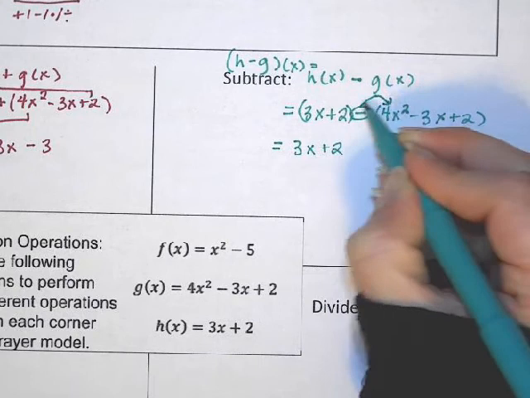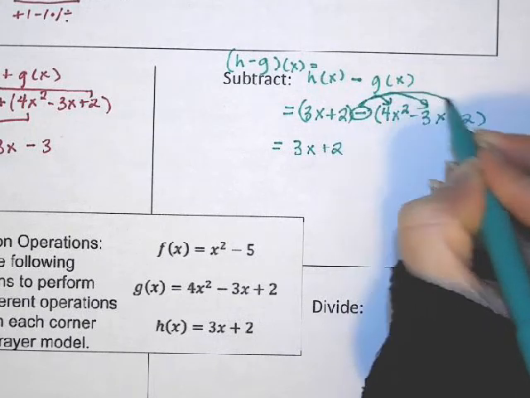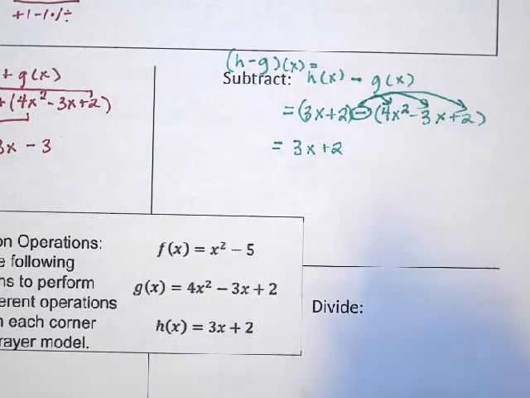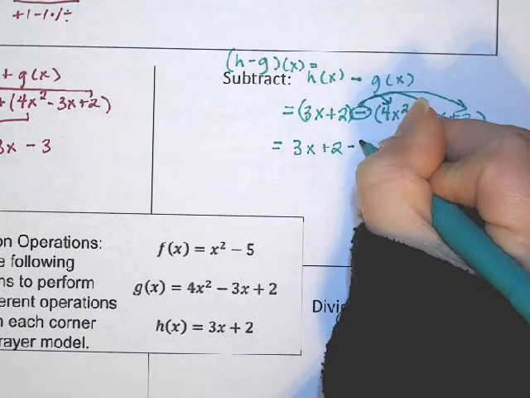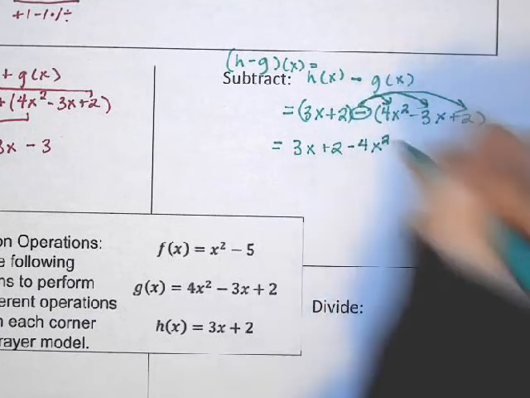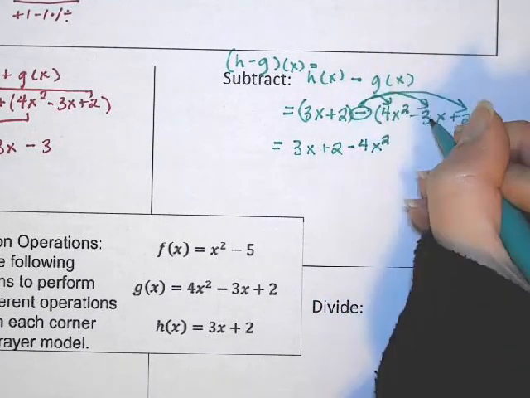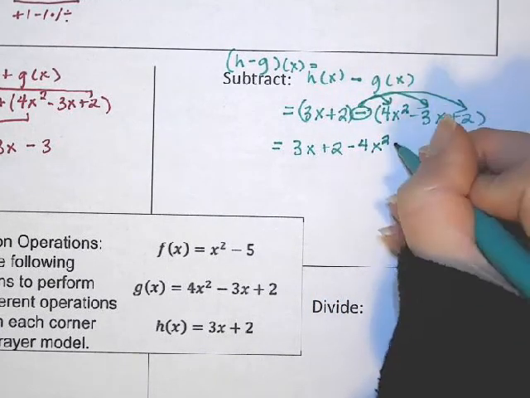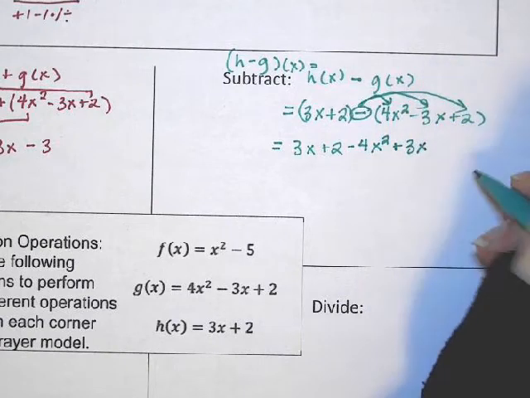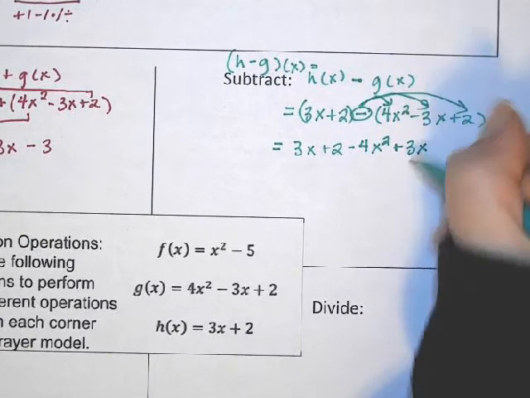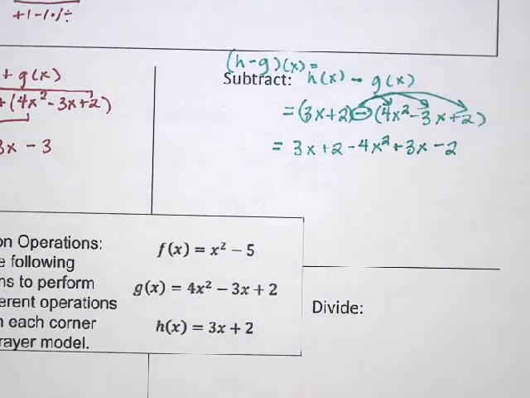However, this subtraction needs to be applied to all three of the components that are being subtracted. So this is really going to turn out to be negative 4x squared, a negative negative, so subtraction of a negative means addition, so positive 3x, and then subtraction of a positive means subtraction again.